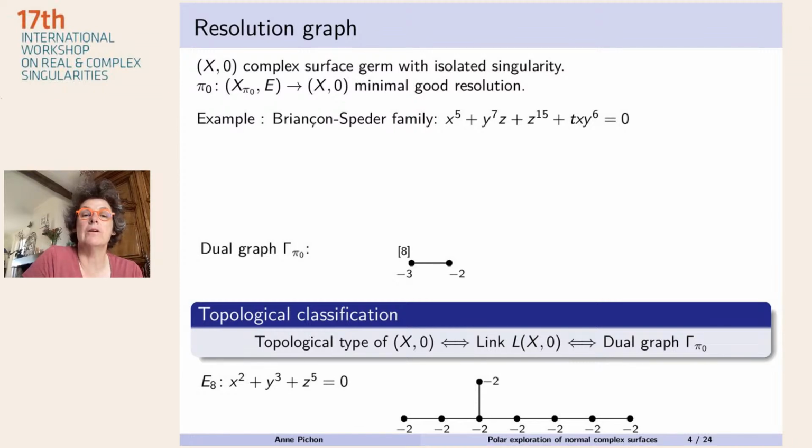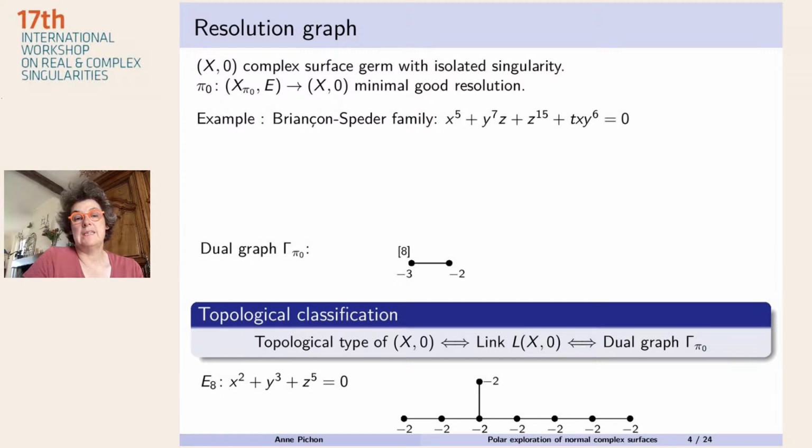Here I wanted to draw something, but for example, if you take the Briançon-Speder family, you see this equation on the screen. T is a parameter, so you have a family of hypersurfaces in C^3 parameterized by T. When you take a minimal good resolution of such a surface, the exceptional divisor consists of two curves.